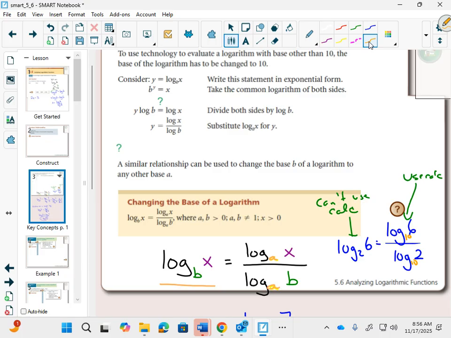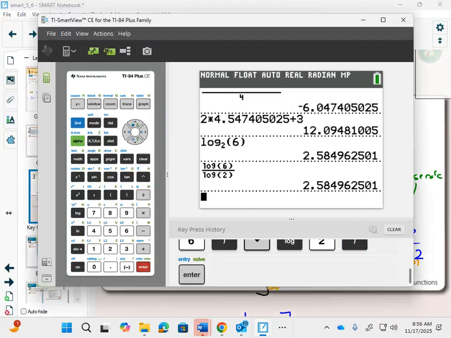But I could have chosen 37s. I don't know why that would be helpful. It's more to type into my calculator. But I could choose anything I want. In fact, if I go to my calculator right now, because my calculator allows me to do those different bases, we know the answer is supposed to be 2.584.